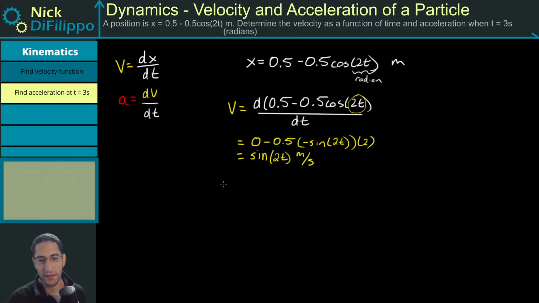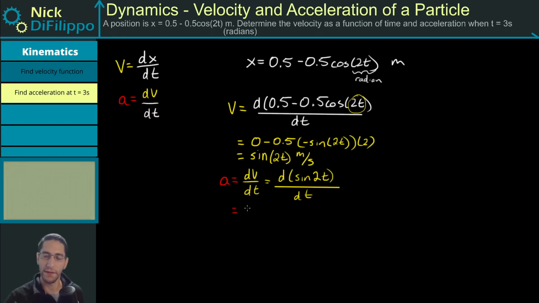Our acceleration is equal to the derivative of velocity, which we just found, with respect to time. So this is the derivative of the sine of 2t with respect to time. To take the derivative of sine 2t, we need to do the chain rule again.